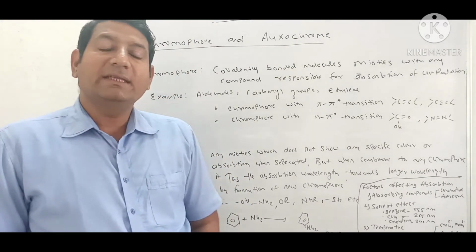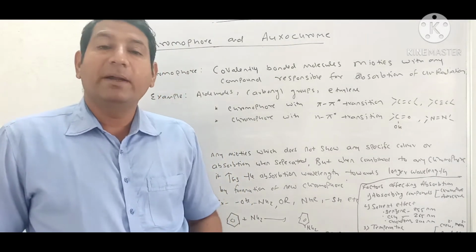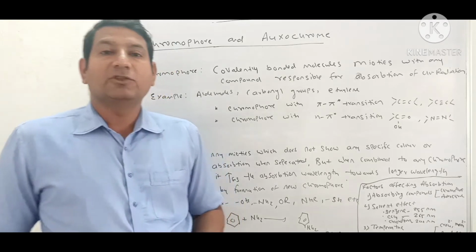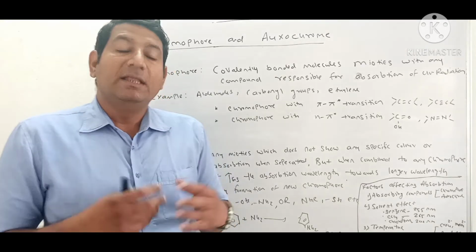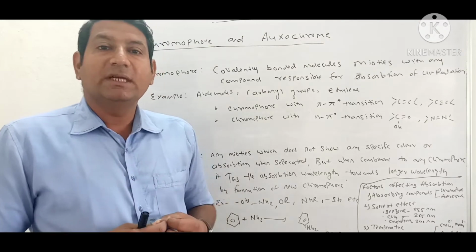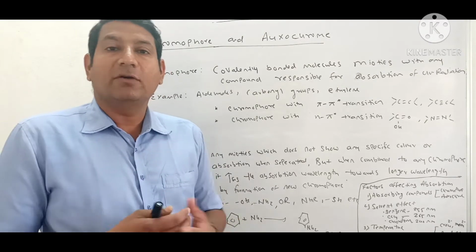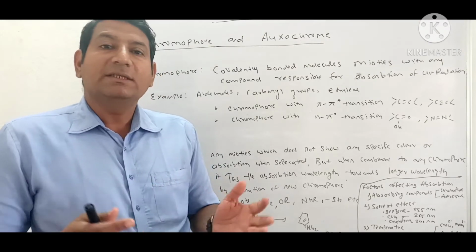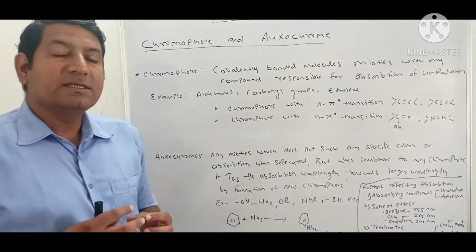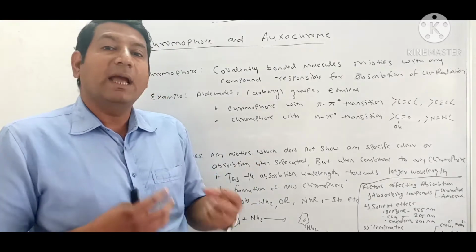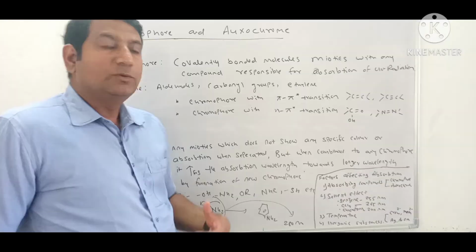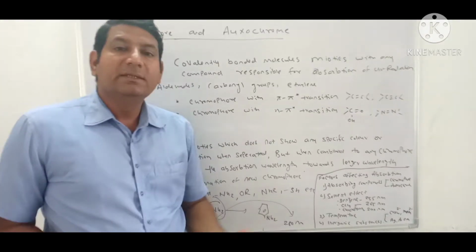Basically, chromophores are those chemical moieties which, when attached to any chemical substance, absorb the UV radiation and increase the lambda max of the compound. They themselves start absorbing UV radiation and increase the lambda max of the compound.